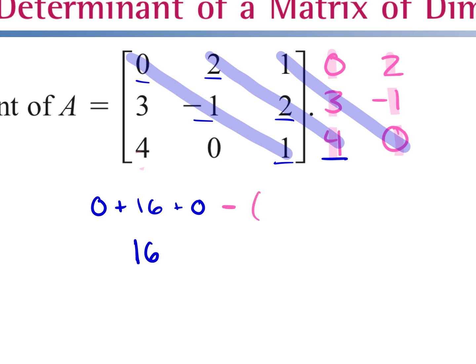Minus minors. So be careful because we are still adding up all the minors together, but we're going to subtract from the total minors added together. So minors start down at the bottom corner and go up. So again, we have 3 minors.